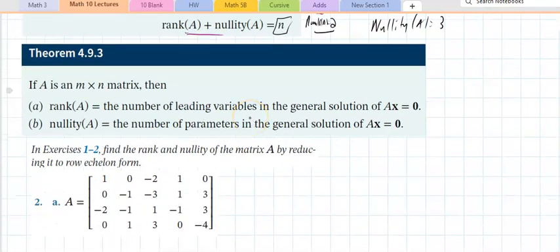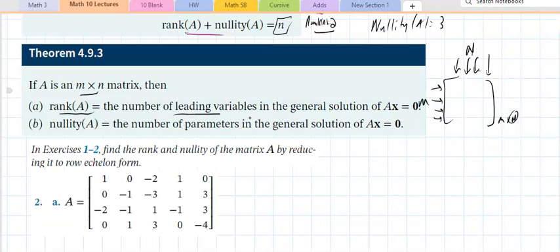And last, if I have an n by n matrix, remember how this works. That means I have n unknowns. If A is an n by n, then the rank of A equals the number of leading variables in the general solution.